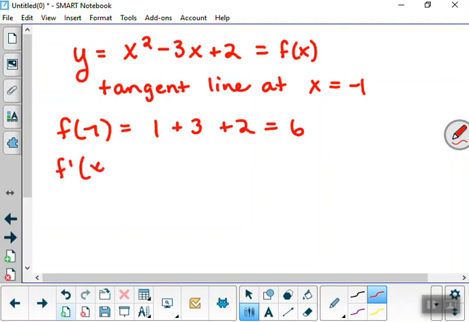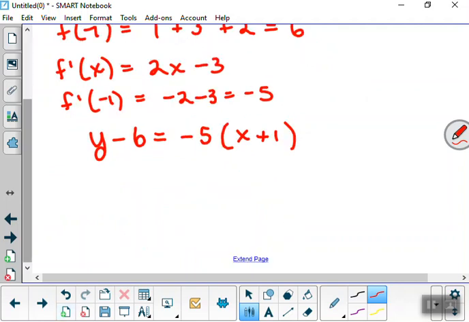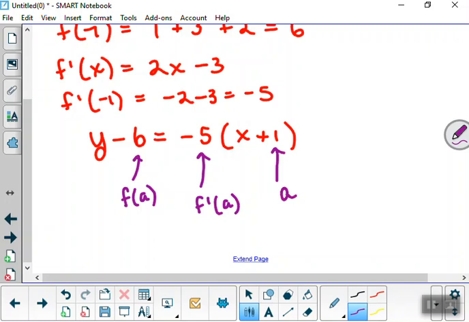F prime of x would be 2x minus 3. So f prime at negative 1 would be negative 5. And so my tangent line would be y minus 6 equals negative 5 times x plus 1. Now, you may have to go back and look at that again, but essentially that is f of a, that's f prime at a, and that is the a value.